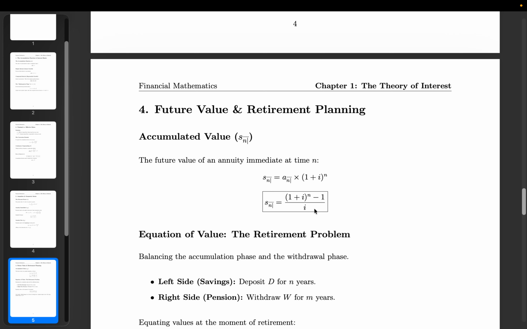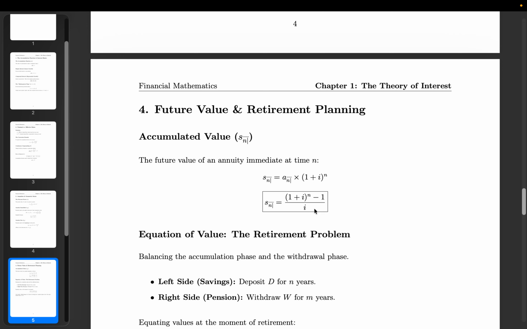Now let's look at the retirement problem described in the book, around sections 1.4.11 or 1.4.12. It poses a classic problem. Phase 1: you work for 30 years and deposit money D every month.